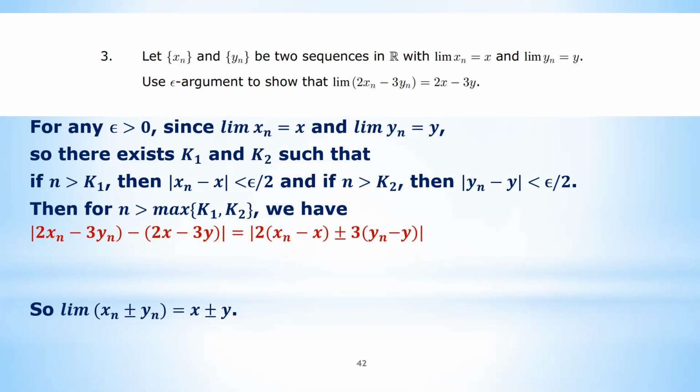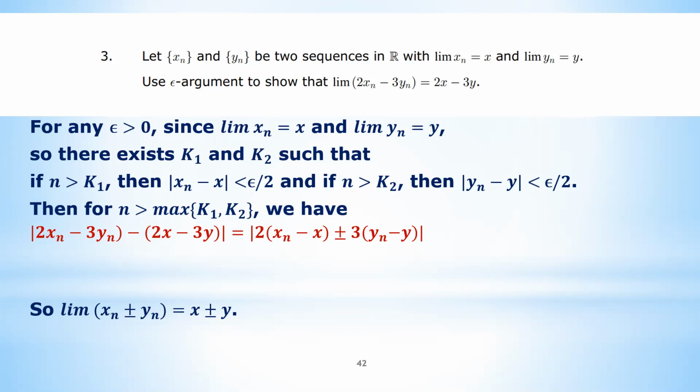So you reach 2 times xn minus x plus or minus... Oh, there's no plus or minus, sorry. I'm still using the previous sign here. It should be the plus, the minus, the 3 times yn minus y. But no matter which sign is involved here, it doesn't matter.